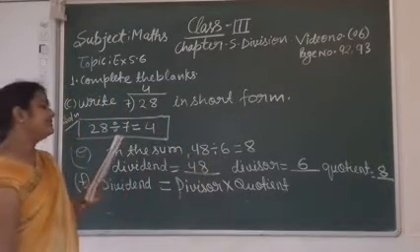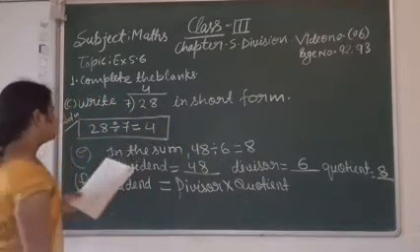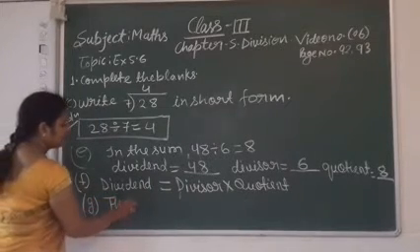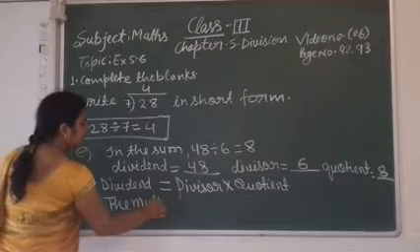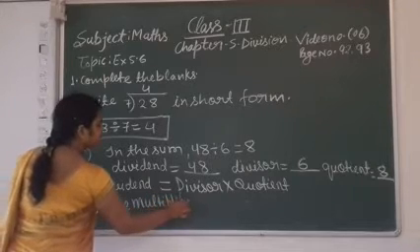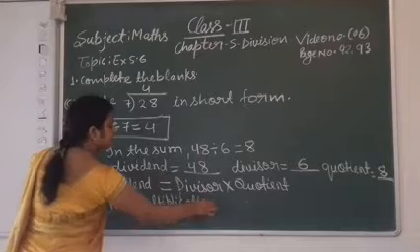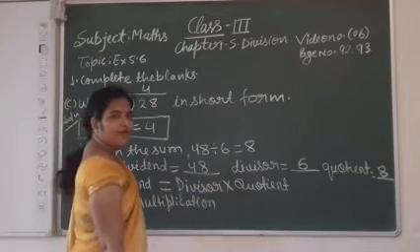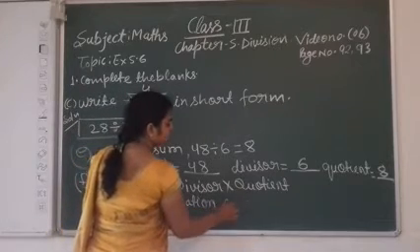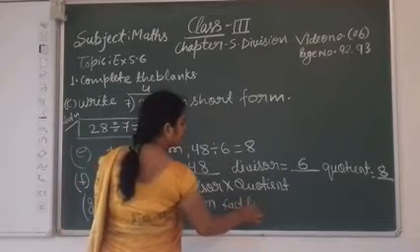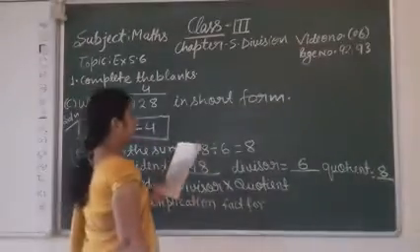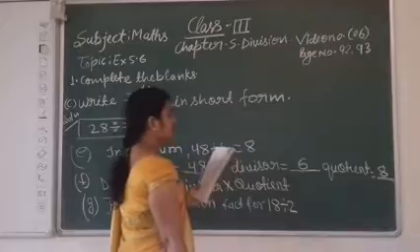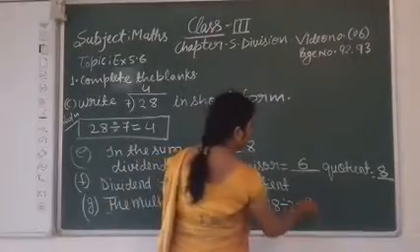And the multiplication fact for G part, the multiplication fact for 18 divided by 2 is equal to 9.